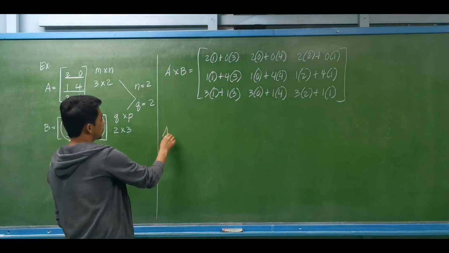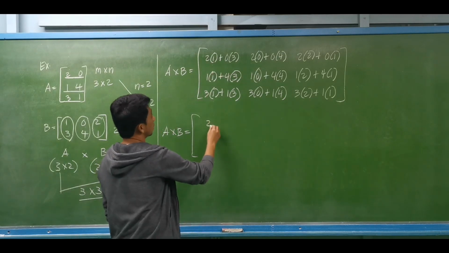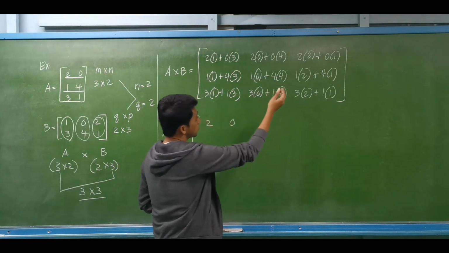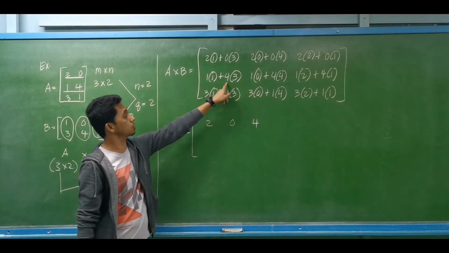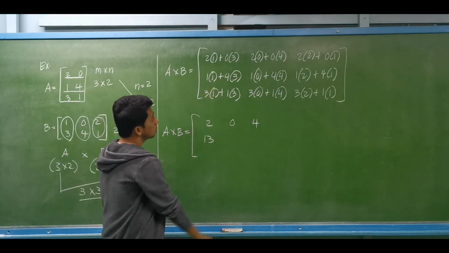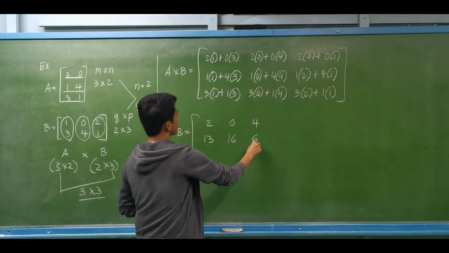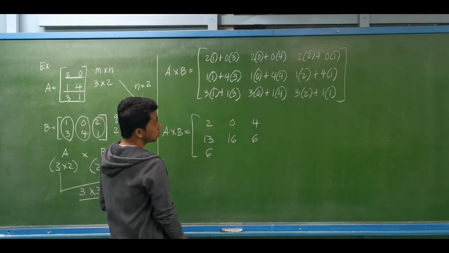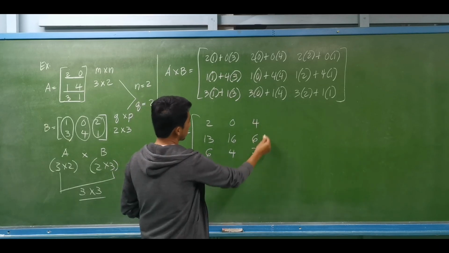So we simplify. A times B is equal to: 2 times 1 plus 0 times 3 is 2. 2 times 0 plus 0 times 4 is 0. 2 times 2 plus 0 times 1 is 4. 1 times 1 plus 4 times 3 is 13. 1 times 0 plus 4 times 4 is 16. 1 times 2 plus 4 times 1 is 6. 3 times 1 plus 1 times 3 is 6. 3 times 0 plus 1 times 4 is 4. 3 times 2 is 6 plus 1, we have 7.